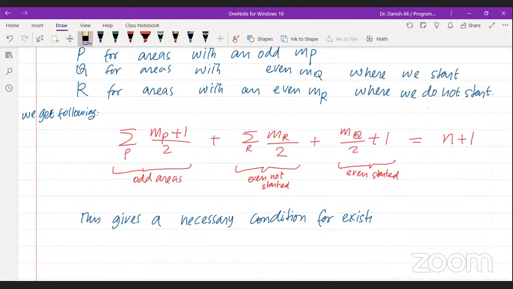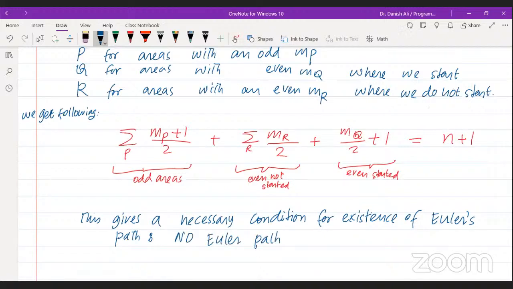For the existence. That means, if this left hand side is not equal to the right hand side, we say that no Euler path exists. So no Euler path exists if the equality is violated.